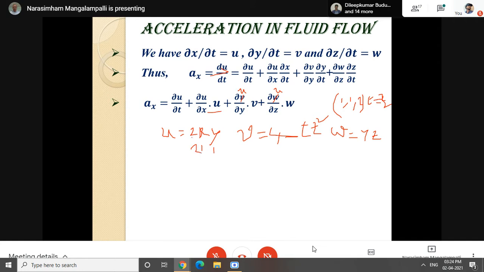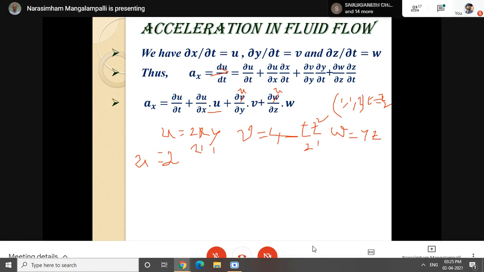So what will be the value of u? u is equal to 2 units at the given point. And what is v equal to? Substitute t is equal to 2 and z is equal to 2.